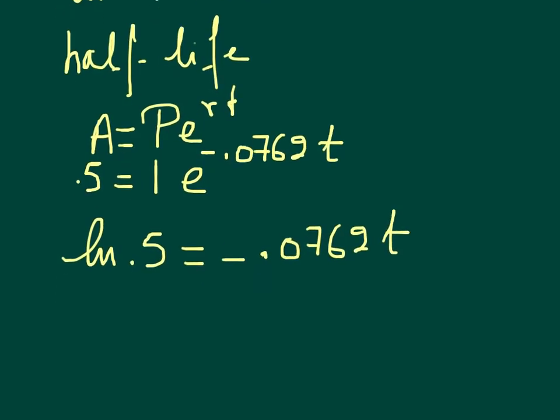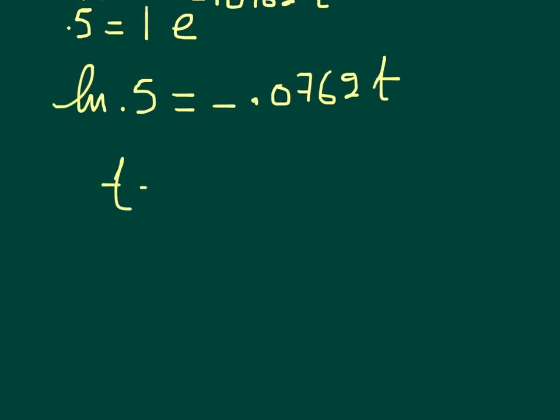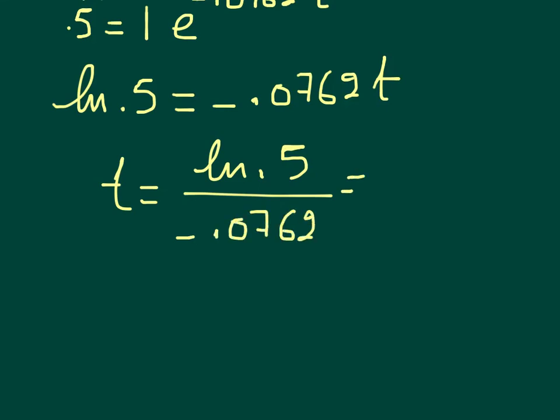And then if we solve for t, it's going to equal ln 0.5 divided by negative 0.0762, which gives me a time of about 9.096, or simply put, 9.1.